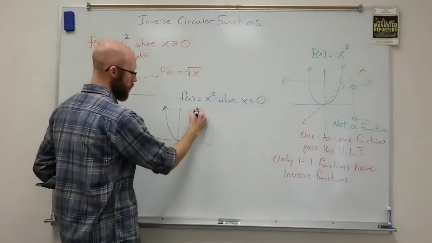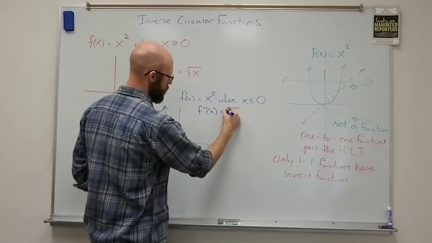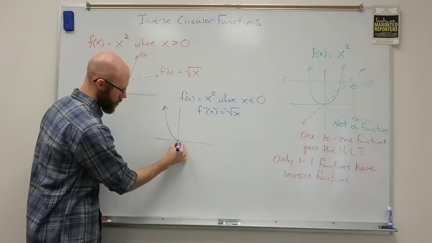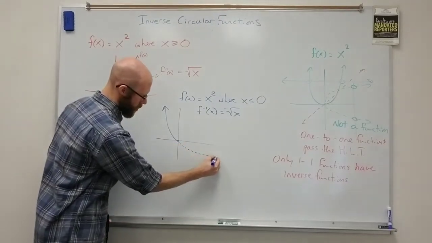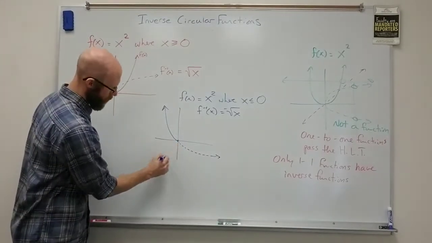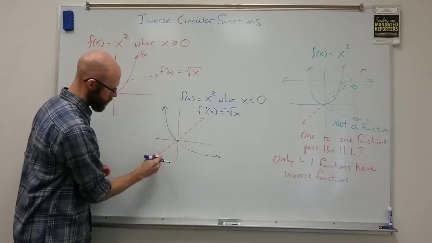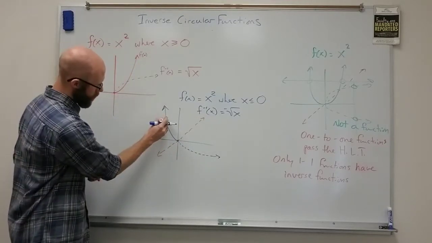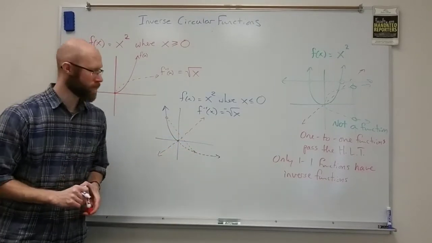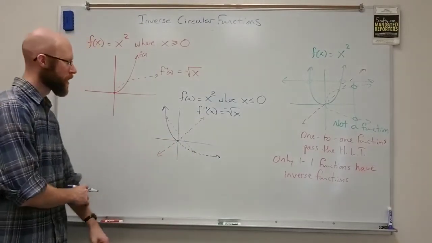Well, then the inverse would be the negative square root of x. Okay, the negative square root of x starts at the origin and comes down to the right. Right, so that would give us the inverse, the reflected graph across the line y equals x. Here's y equals x, and each point would then reflect across that line to another point on the other graph. Yeah, that wasn't drawn very perpendicular, but it would be perpendicular.